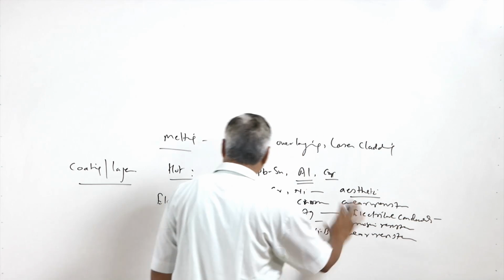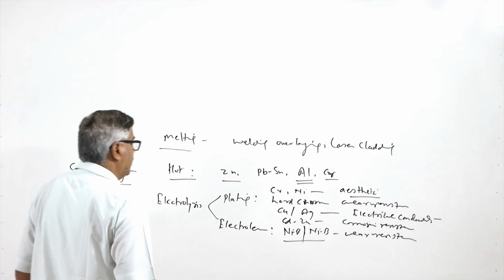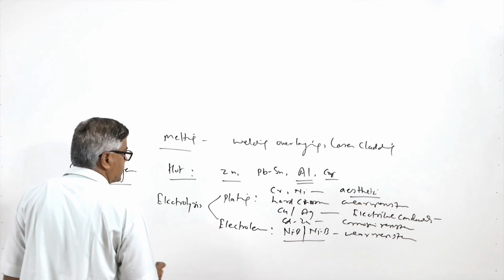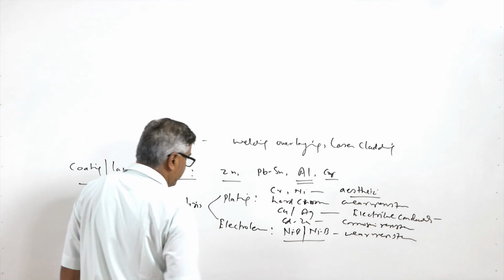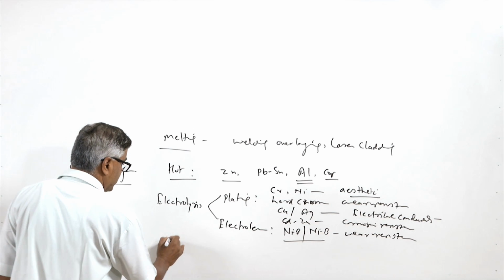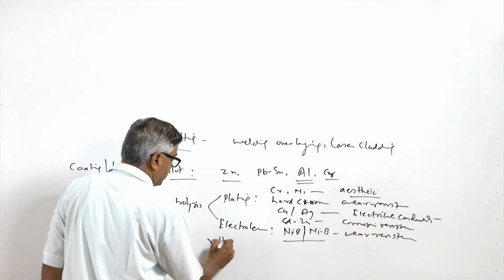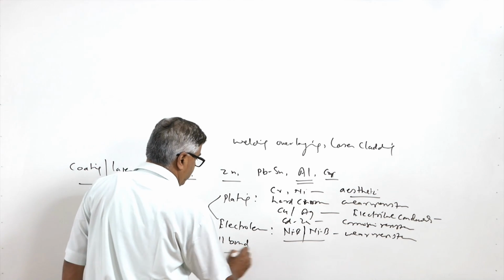So there are different types of materials which are applied onto the surface through electrolysis based methods, like electroplating or electroless coating.